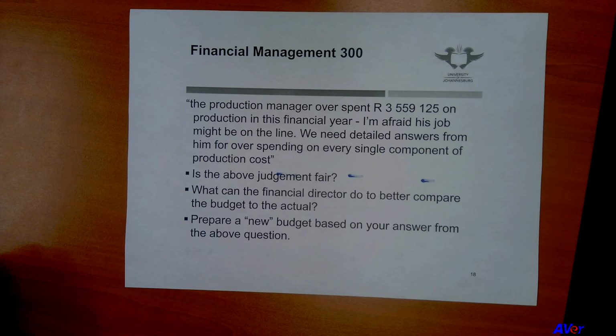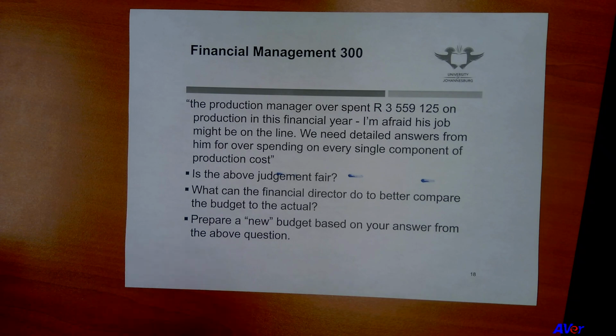Now, what you need to think of for me is, is the above judgment fair? What can the financial director do to better compare the budget to the actual? And then after that, you need to be able to prepare a new budget based on your answer from the above question. Now, just as a hint, when we started, we said we budgeted to produce 100,000 units.